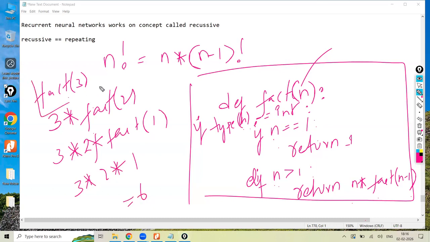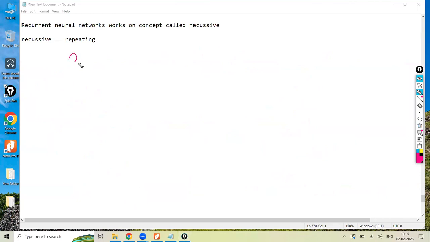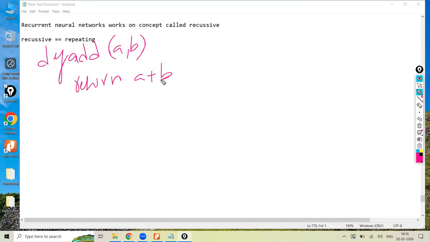When you are calling one function, internally the same function is getting called instead of calling another function. Sir, what is the difference between function calling versus recursive calling? For example, see here. I have created one add function, def add of a comma b, return a plus b. I am creating one more function, def srk of c.